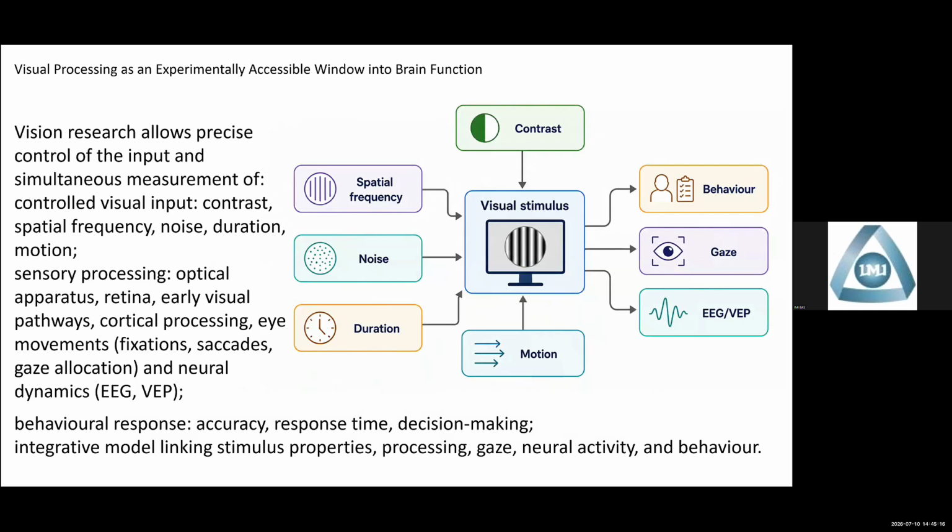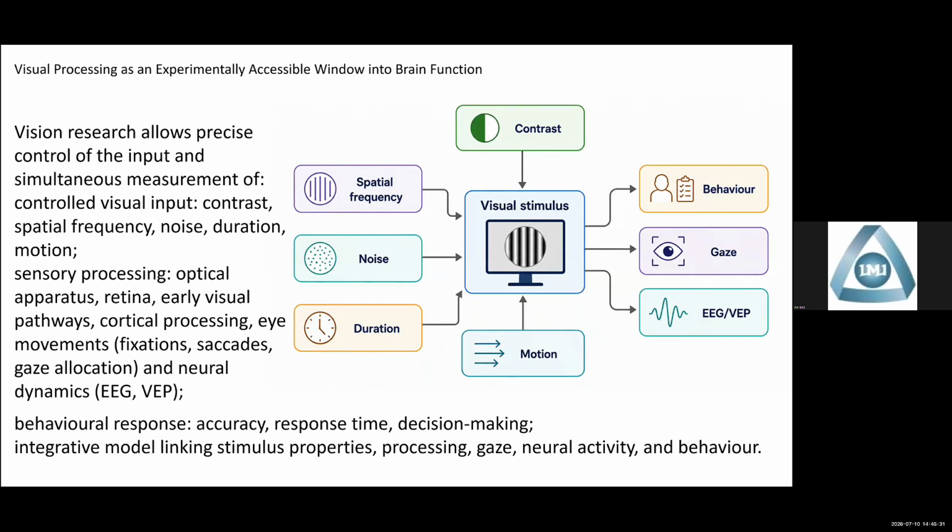As I mentioned, we can control the visual stimulus by controlling spatial frequency, duration of stimulus, position, contrast, of course, contrast.